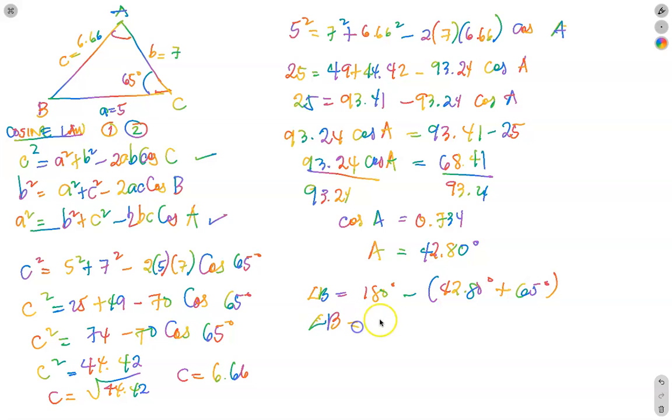Simplifying, we have angle B is equal to 72.20 degrees. Now we are able to solve all the measures of the angles and the sides of the oblique triangle.